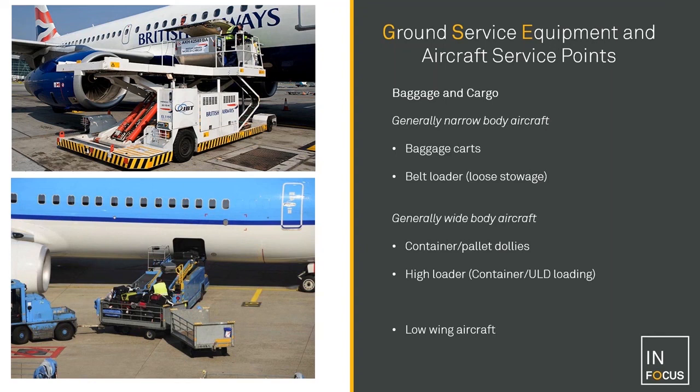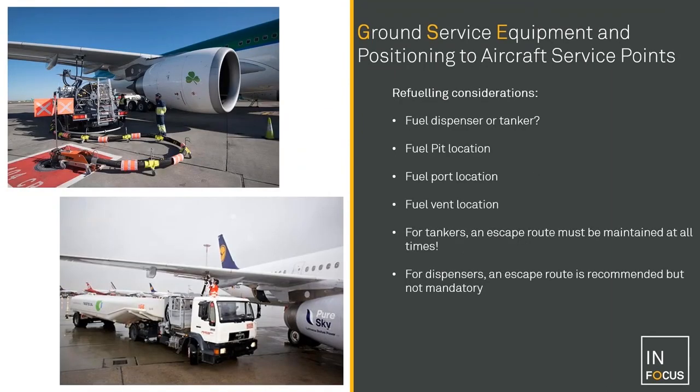It all has to be done loose here. So we're looking at always a belt loader, but it could be a combination here of baggage carts, or it's also possible that a pallet or LD3 dolly could bring boxes which are being transported as belly cargo along with the passenger stuff. So you need to know again what things are happening, what equipment is expected, and what size of equipment is going to be expected at the stand.